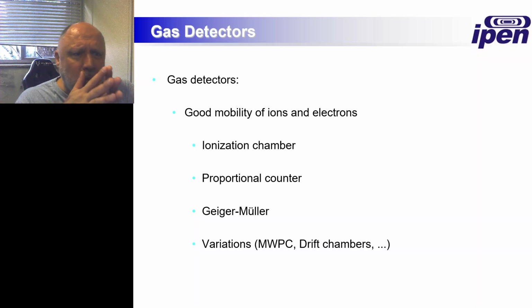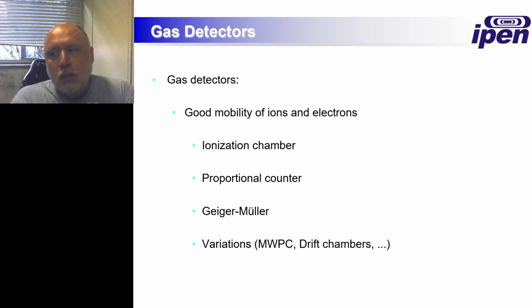So now, talking a bit about what these detectors are. The simpler case, but still very used and very useful, are the gas detectors. Gas detectors are essentially gases. You have a volume of gas where radiation will produce ionization, and then somehow you will collect this ionization, right?